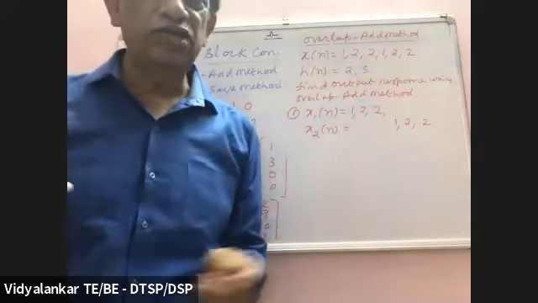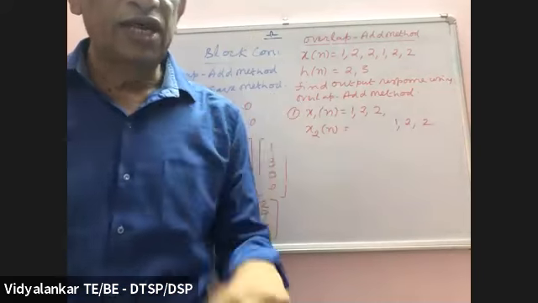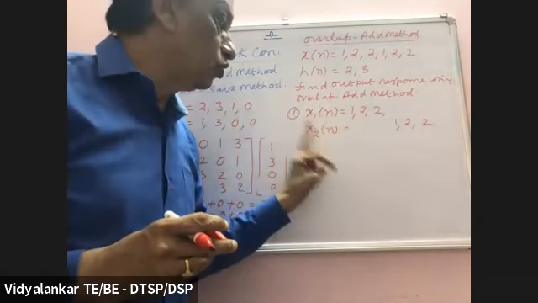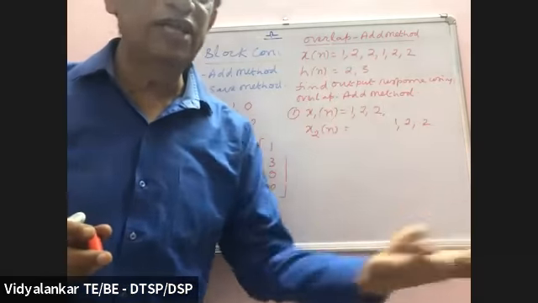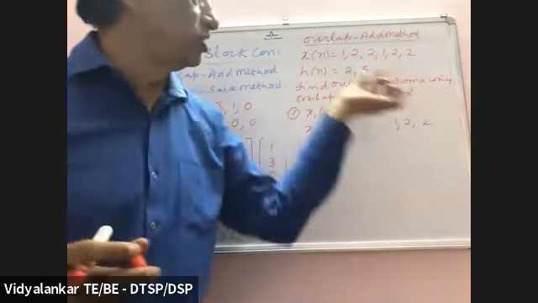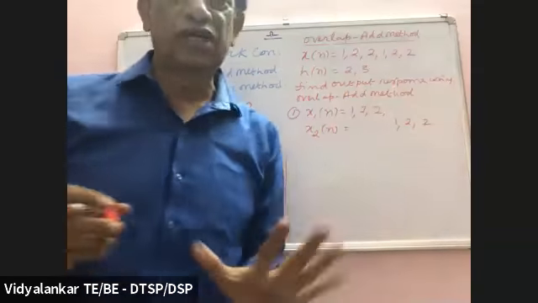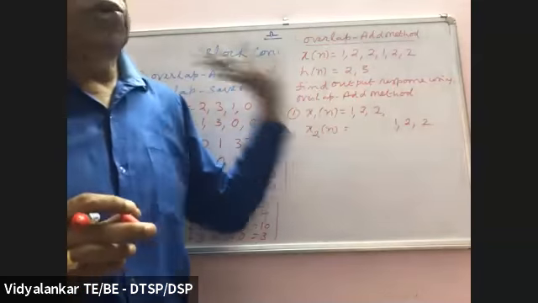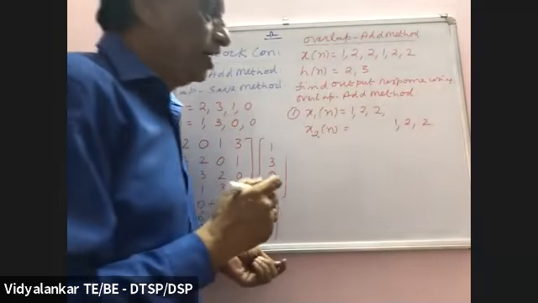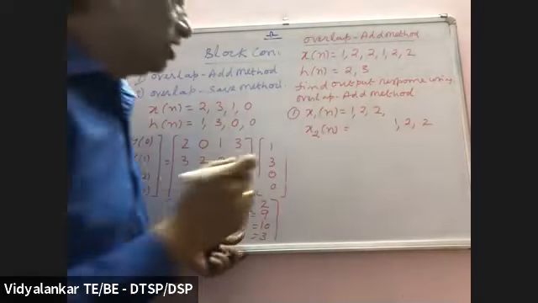So if 6 points are given, we have 2 choices. Either we can split them into 2 sequences, or into 3 sequences. First I split it in 2 parts. Then the number of overlaps. What is the meaning of overlap?